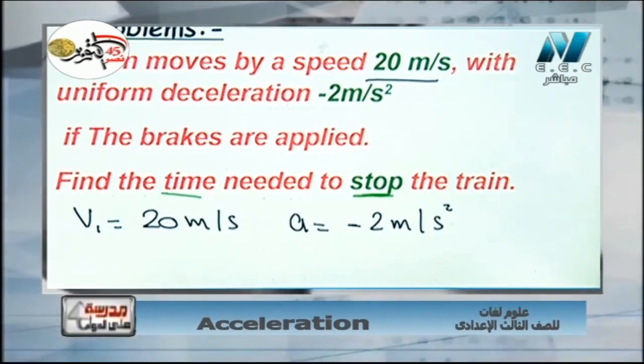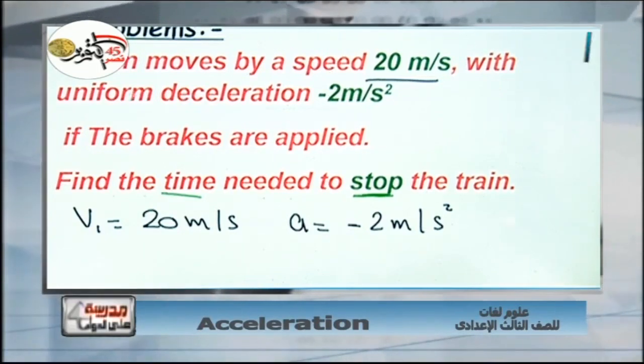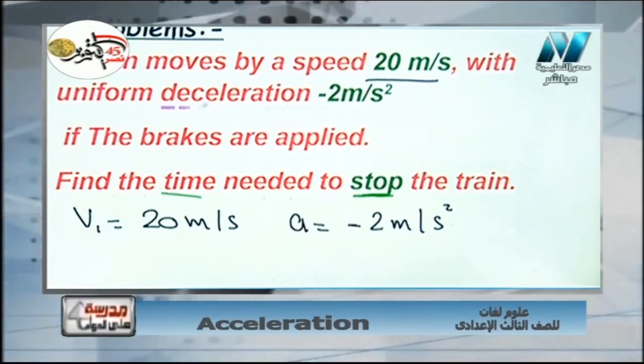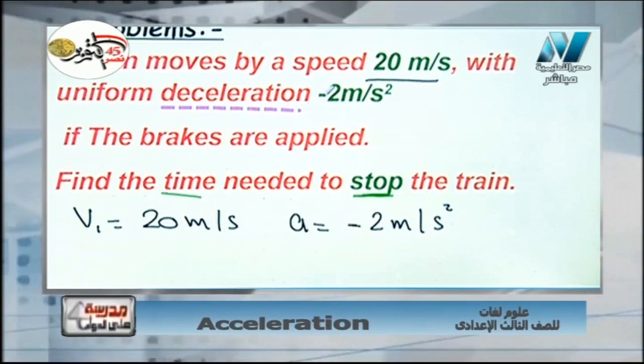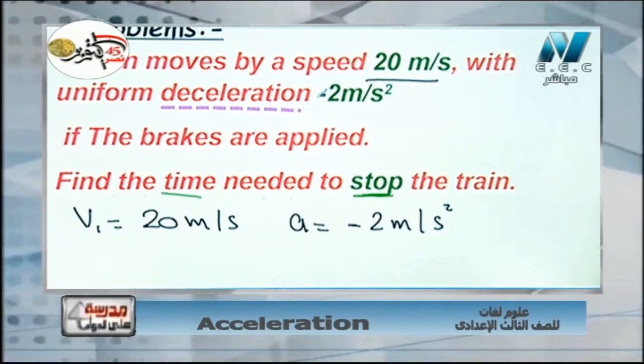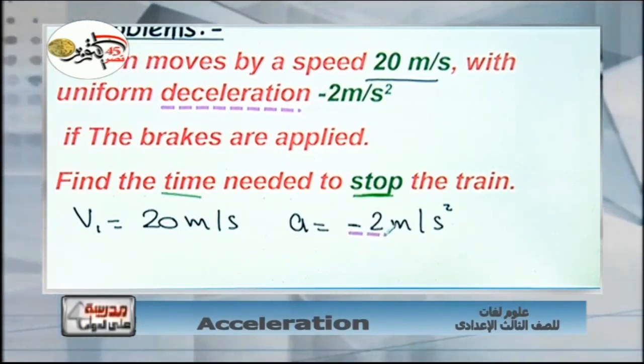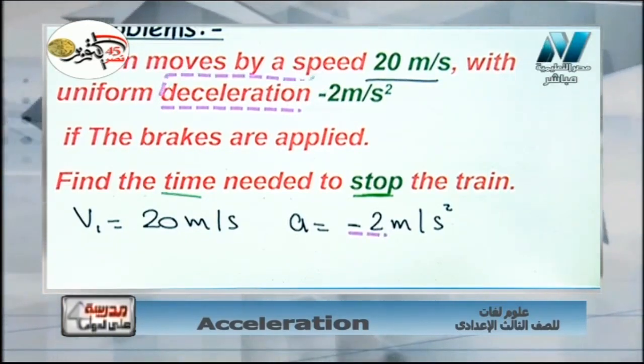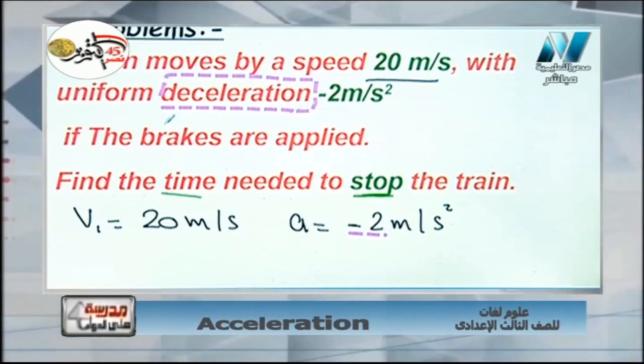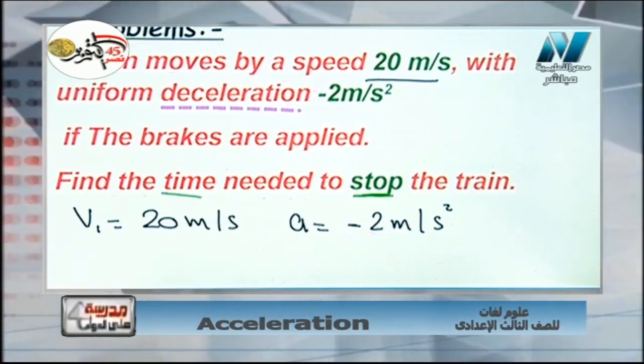Some problems write deceleration without a sign, without negative or positive. We should write it as given, negative, because we are talking about deceleration, or decreasing acceleration. Be careful with this point.